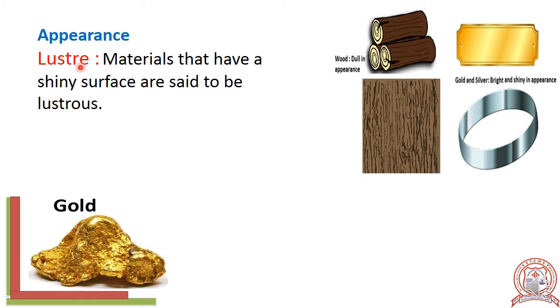Because metals lose their shine and appear dull when exposed to air and moisture. So what we have to do is observe a freshly cut surface of the material. If the freshly cut surface is shiny, then the material is lustrous.